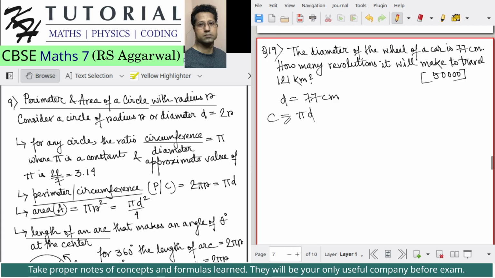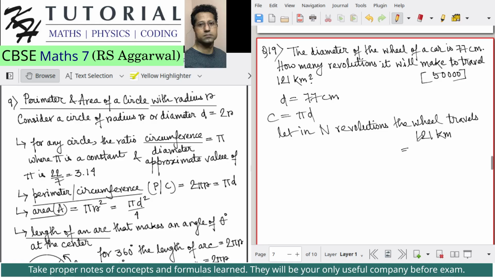Let in n revolutions, the wheel travels or covers a distance of, it means the same thing, travels 121 kilometer. Okay. Now let's convert the 121 kilometer into centimeter, because the diameter of the wheel is given in centimeter.